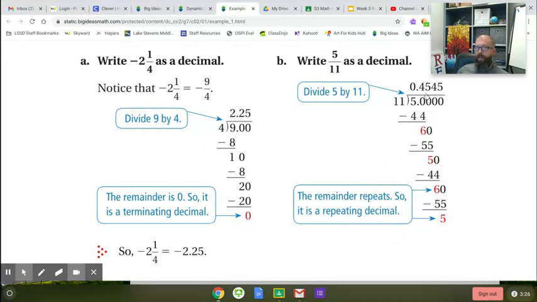So once you see that it's repeating, what you do, instead of writing it a million times, because it goes on forever and ever, you put a line over the 4 and the 5, because the 4 and the 5 repeat over and over and over. So 5/11 is equal to 0.45 repeating, meaning it's 0.4545454545. Okay?